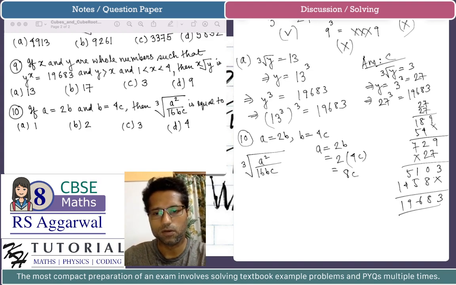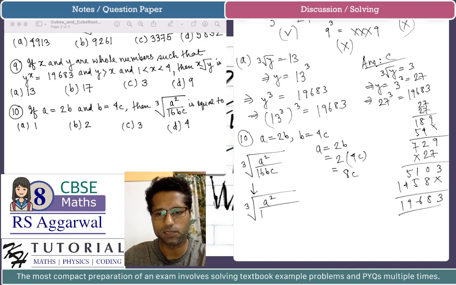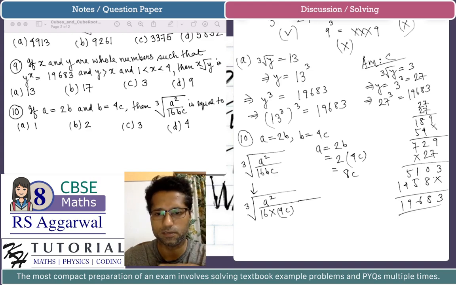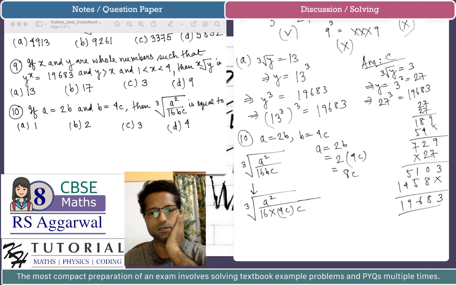Okay. So now this becomes cube root of A square divided by, we have 16, and we have B. B is 4C, and we have C is C. Now this is equal to cube root of, what is A? A is 8C.